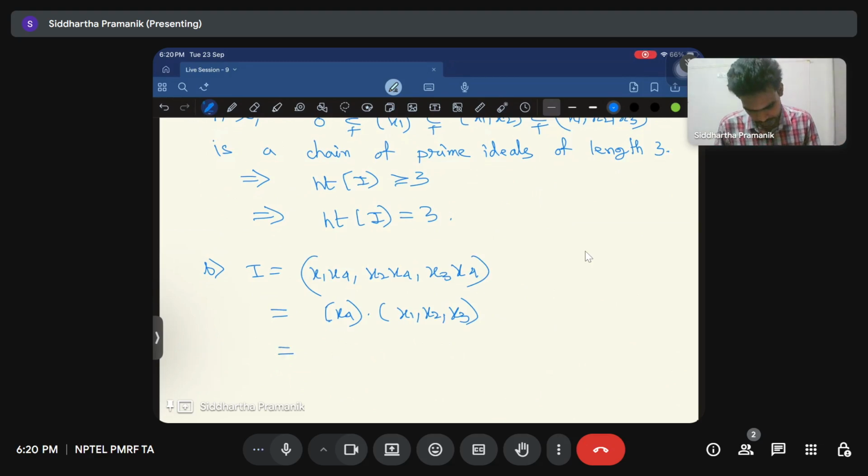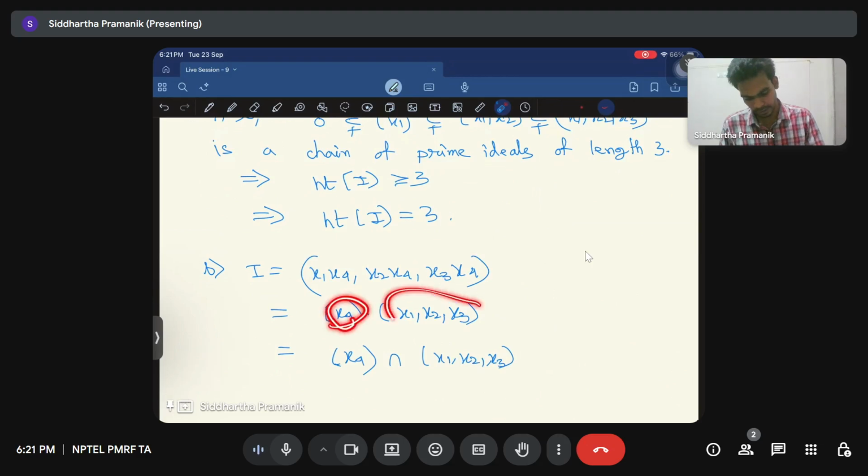And this is same as ideal generated by x4 intersection ideal generated by x1, x2, x3. Because this ideal and this ideal are co-prime, so their intersection and product is same. So that's why we can write this.